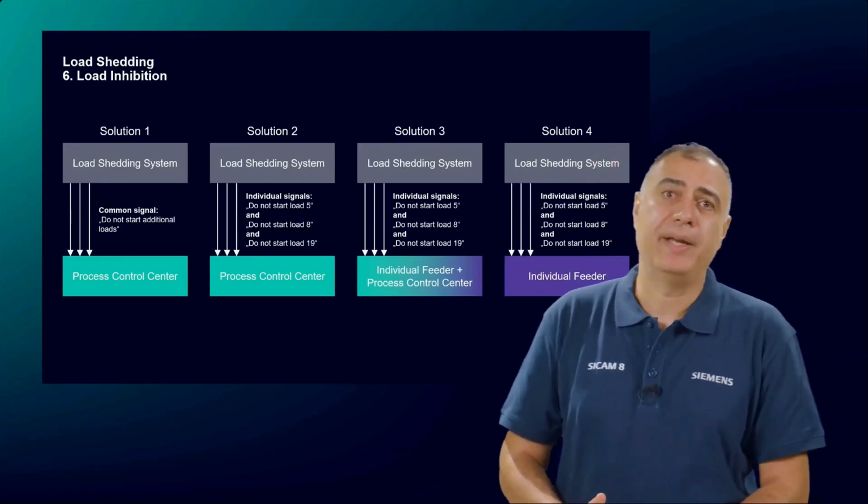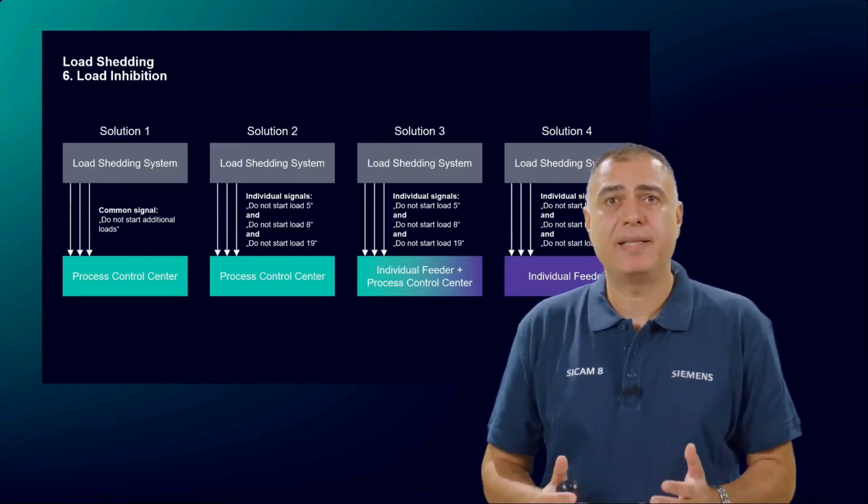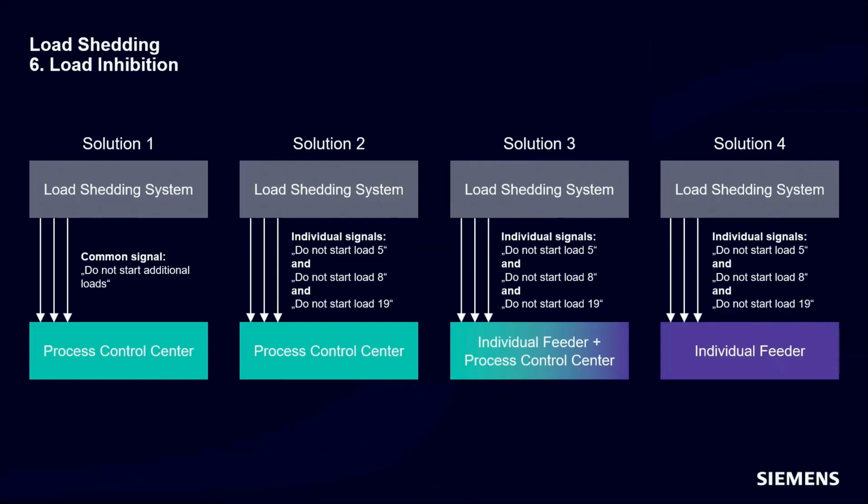And finally, we come to the last slide of our presentation, which explains in detail the load inhibition function. This function does not directly refer to dynamic power-based load shedding, but it works in a similar way, and it also comes as an option.